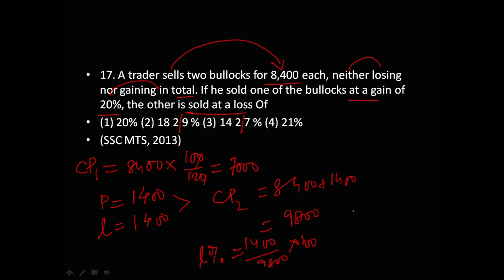So it's actually 100 by 7, which is 14 and 2 by 7%. Option 3 will be the right answer. 17 is option 3. So moving to the next one now.